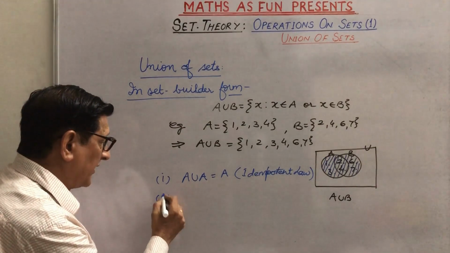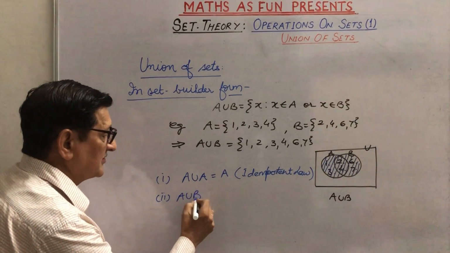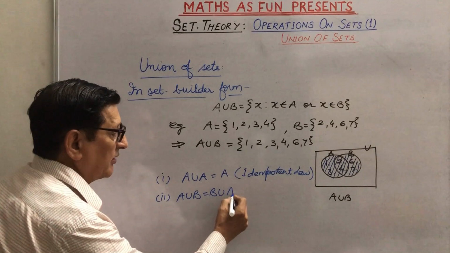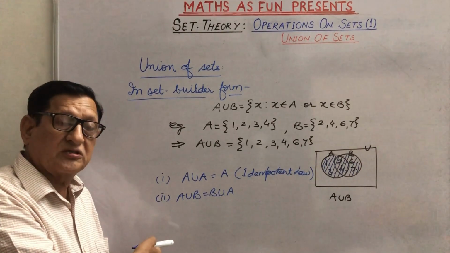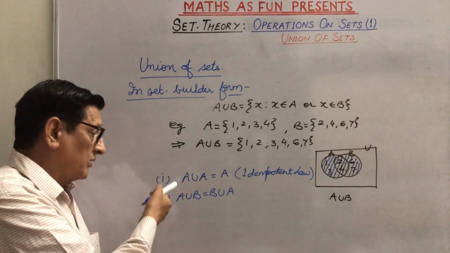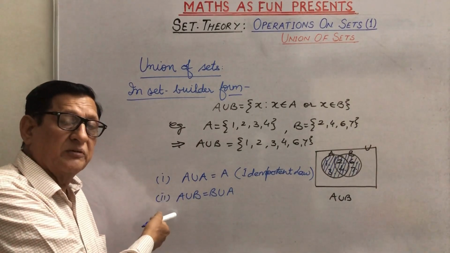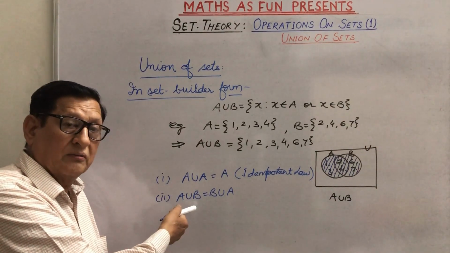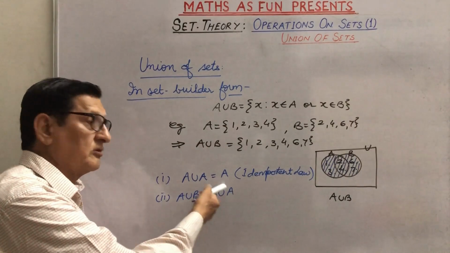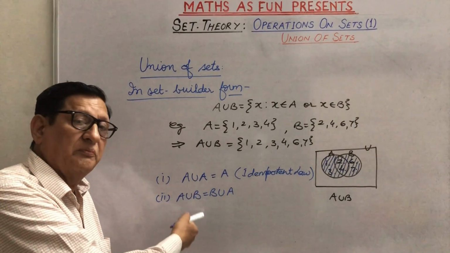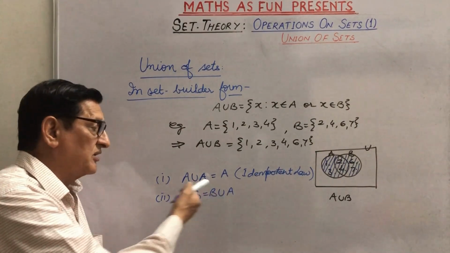Second, we can say A union B is equal to B union A. If there are any two sets A and B, then A union B contains all those elements which are in A or in B. B union A is also containing all those elements which are in B or in A. It means they will have the same elements.